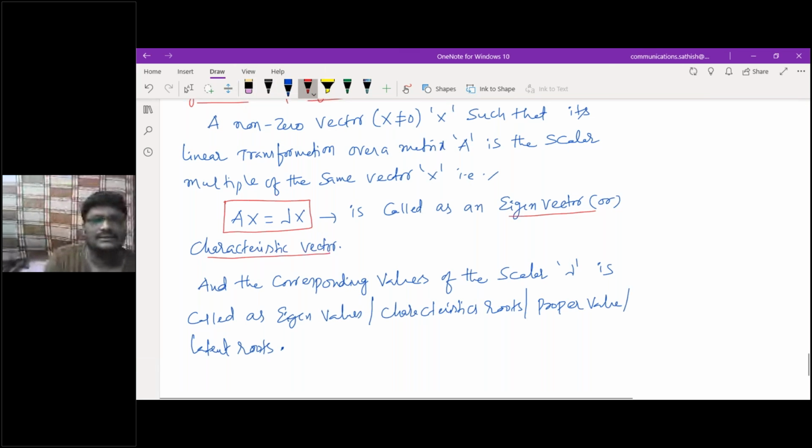These are just synonyms for eigenvalues.